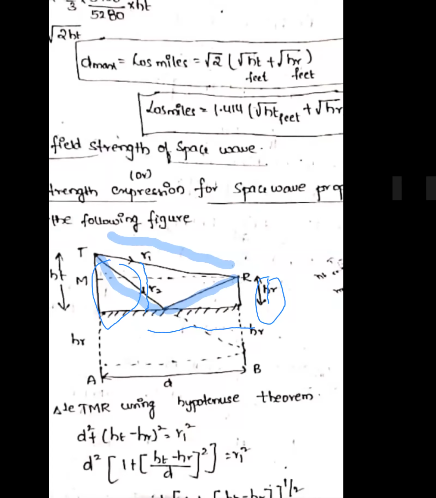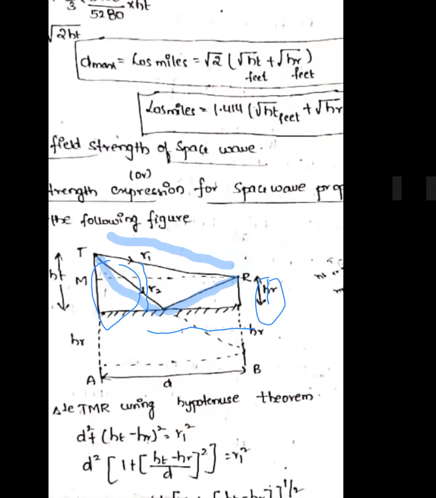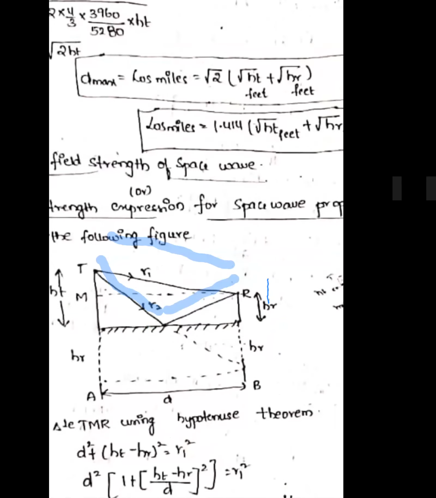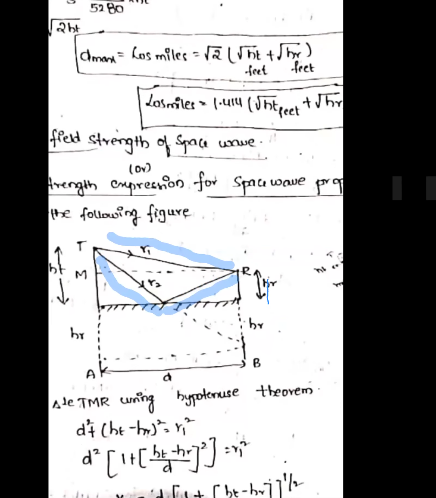Now, see the shadow of this height of receiver. I repeat, the shadow of this height of receiver is falling here, the same height, which I have represented as HR again.